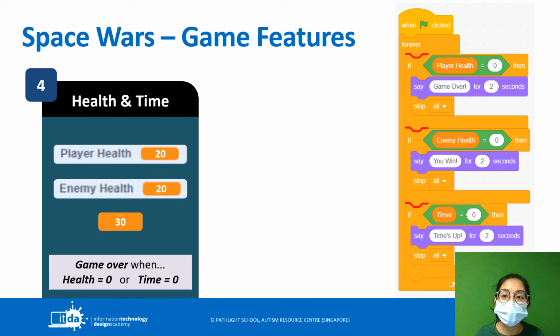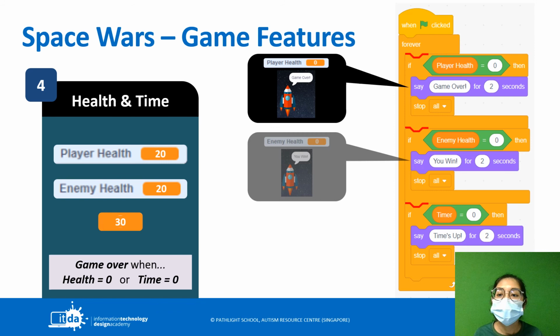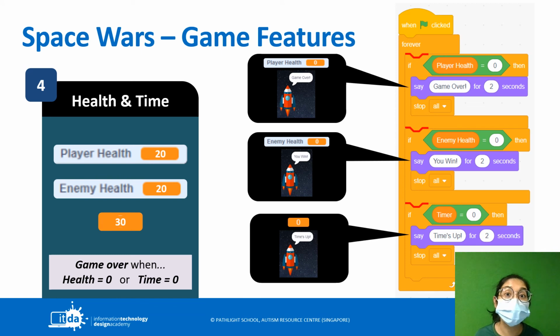When green flag clicked, forever, if player health is 0, then our rocket is going to say game over and the whole game will freeze. But if the enemy health is 0, it will say you win because the player has beaten the enemy, and the whole game will also be stopped. We can also have game over if the time is 0. So if time is 0, our player will say time's up before the whole game stops. Everyone, please make sure you have all these codes in so that your game can work properly.